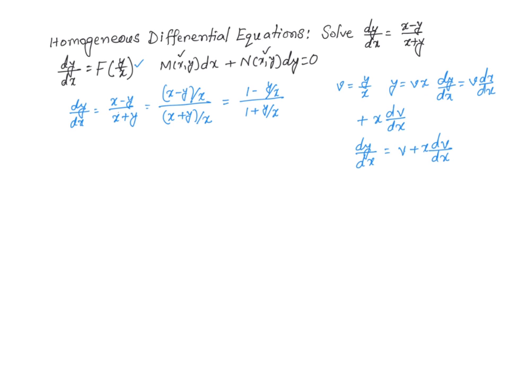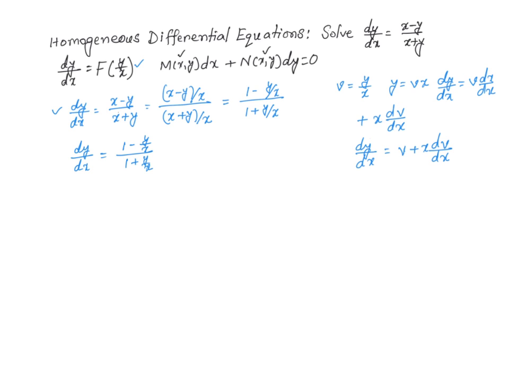Okay, now let me go ahead and substitute this value. So I had dy over dx is equal to (1 minus y over x) divided by (1 plus y over x), which is from this line we get.